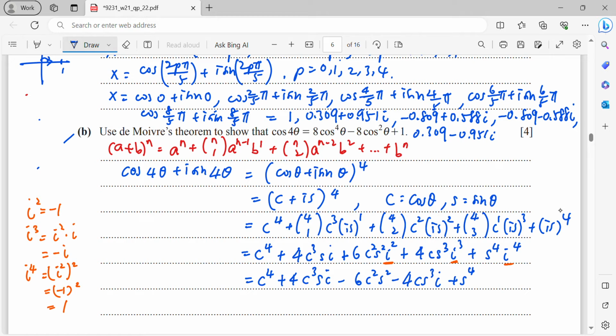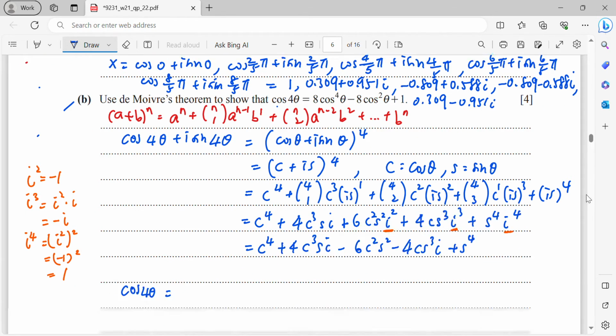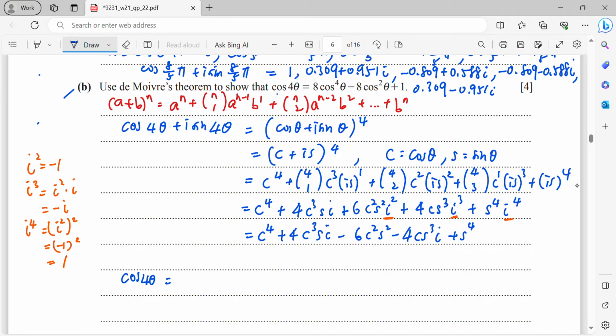Okay, so now for the cos 4 theta plus i sin 4 theta, you are getting 5 terms. But now you need to prove cos 4 theta only. So I will say cos 4 theta is basically the real part of the right hand side. Re means real part.